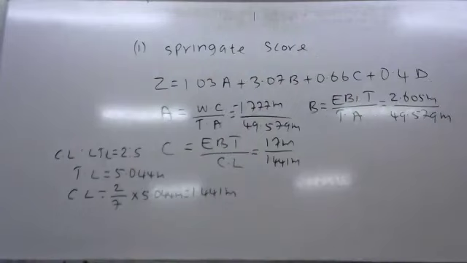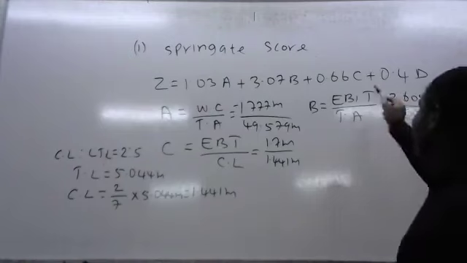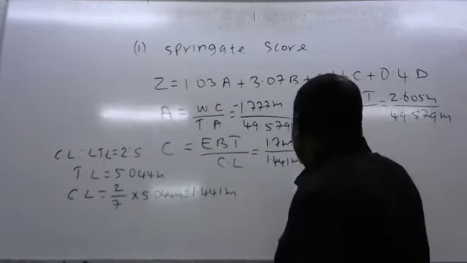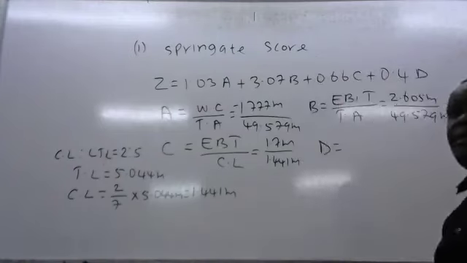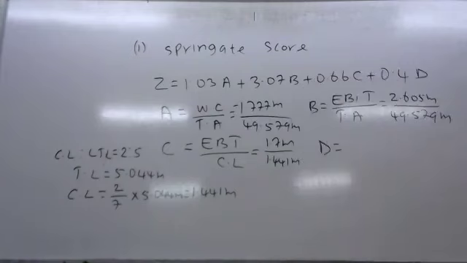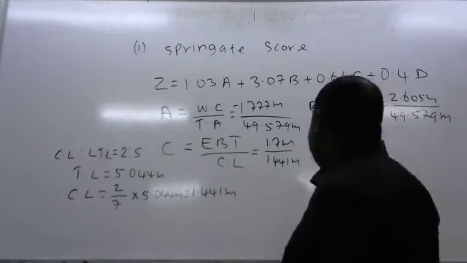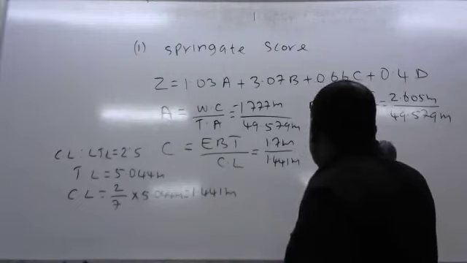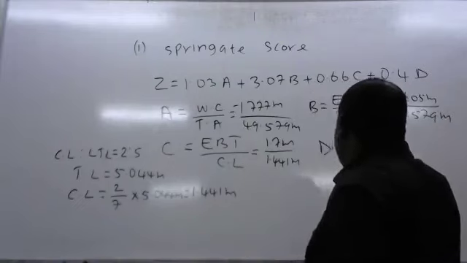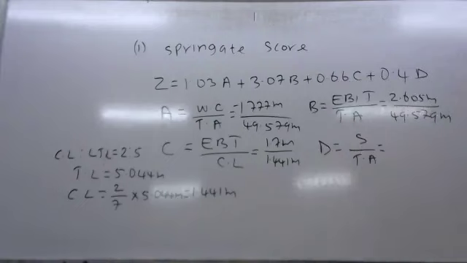The other item we need to compute is D. The question has specified it is the sales divided by total assets. You simply take the sales divided by the total assets.